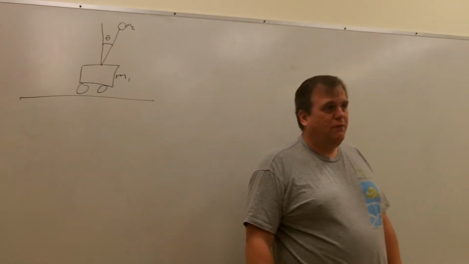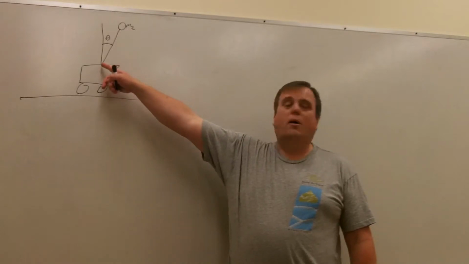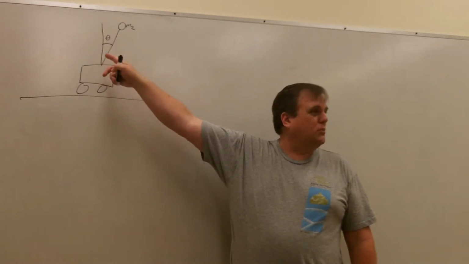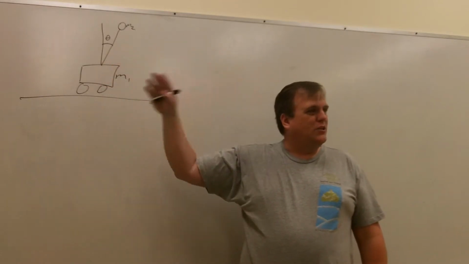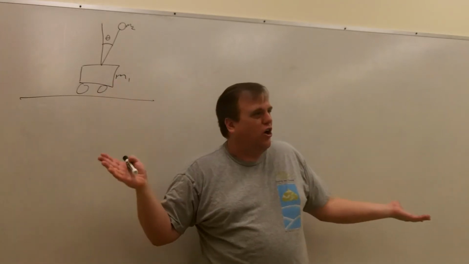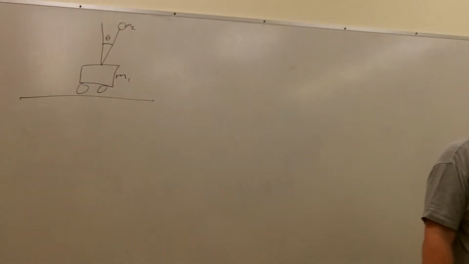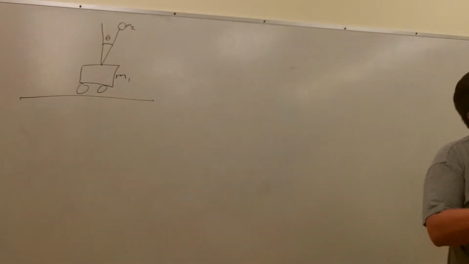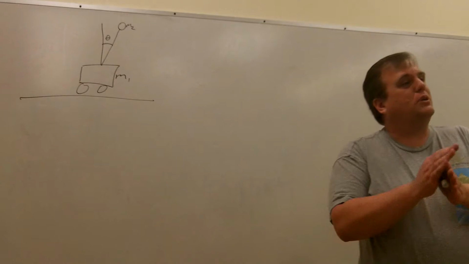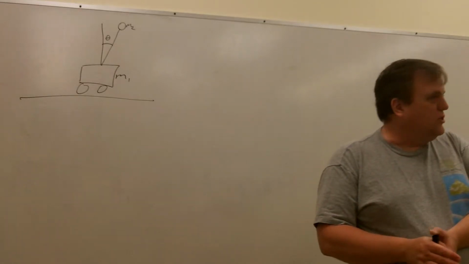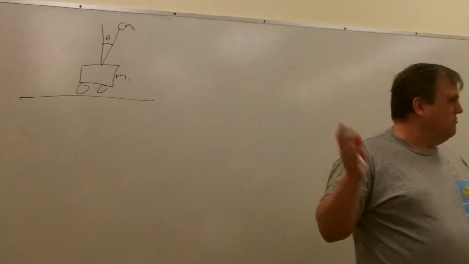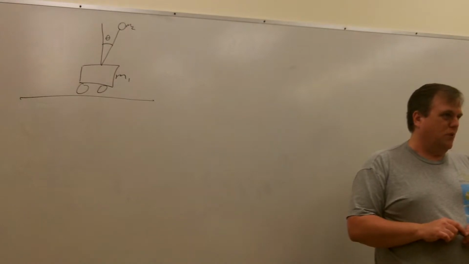If I knew a motor here, and I could twist the motor, and by twisting the motor I wanted to find out where the car ended up, I'd probably resolve it into polar coordinates and let the chips fall where they may. But in this case, I most likely can control the position of the car, position and velocity, and go from there. And that's usually how this problem is set up.